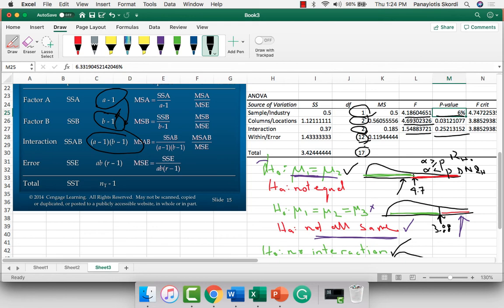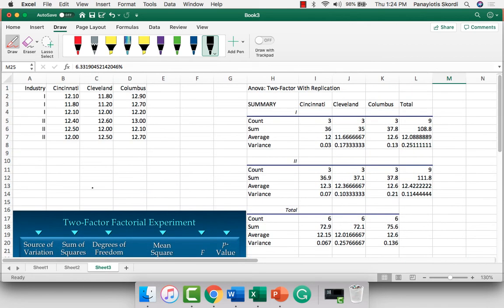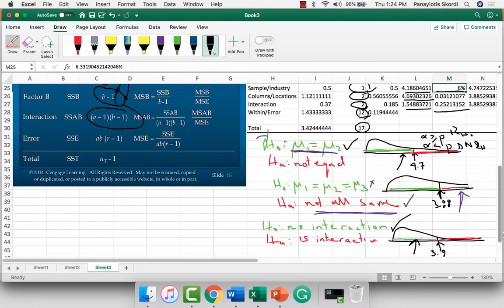The total number of times they ran the experiment has got to be 18. Let's check. Yeah, look at that block in there. It's 18. I know that because it's that value plus 1. If I add 1 to this value, it gives me the total number of times I ran the experiment.